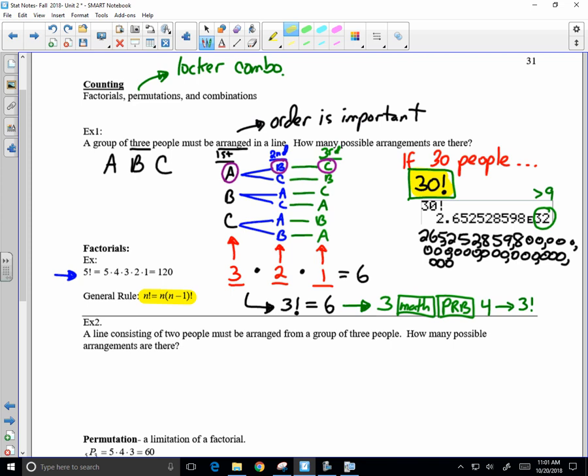So this is a really great way if you actually wanted to look at a graph of all possibilities when you're dealing with factorials. What this is saying is if you have something like, for example, 5 factorial, that would be the same as 5 times 5 minus 1 factorial, which is the same as 5 times 4 factorial.